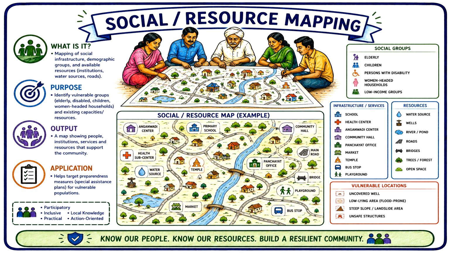Community members prepare a map showing households, schools, health centers, roads, water sources, community buildings, and other essential facilities. The mapping also highlights vulnerable groups such as older adults, persons with disabilities, children, pregnant women, and women-headed households.